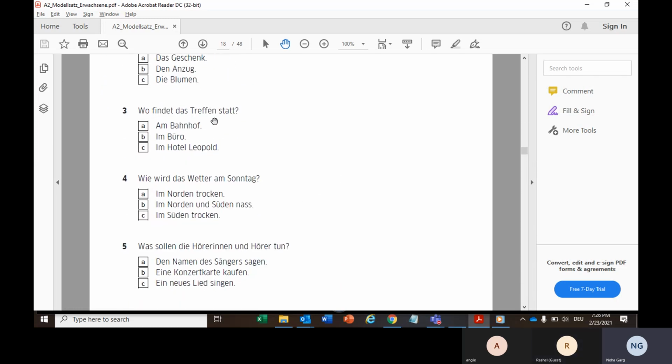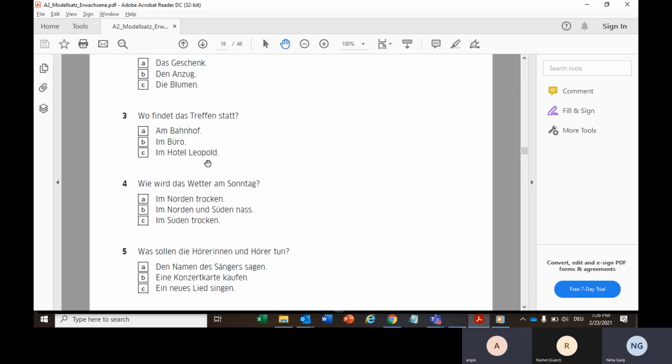Nummer 3. Wo findet das Treffen statt? A, B oder C? C. Okay, C. What have you written, Anji? A. Okay, no. So that was all the names came up though, but the correct answer was number C. Why?